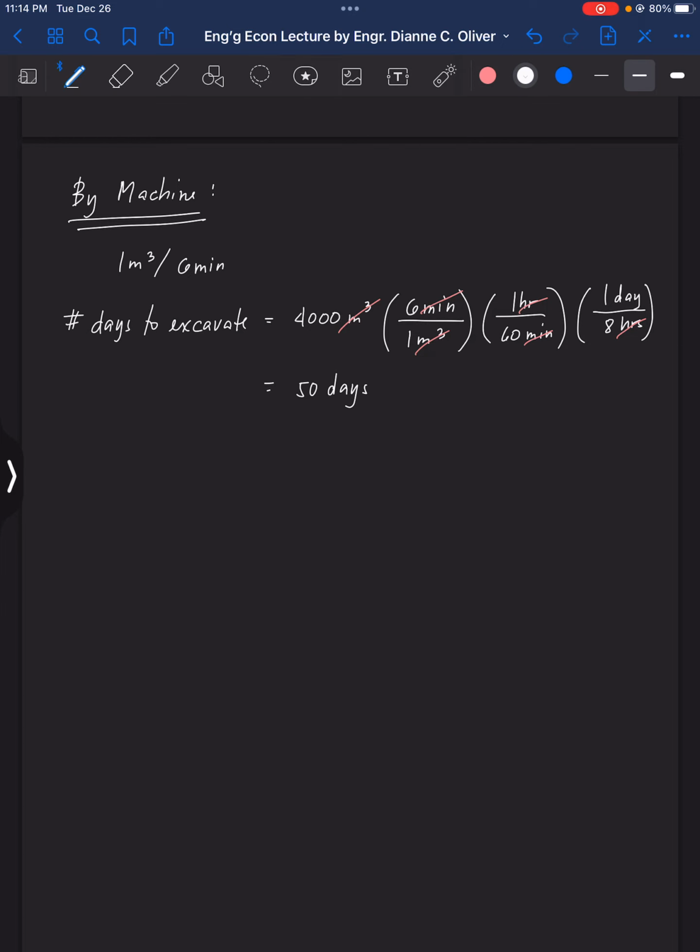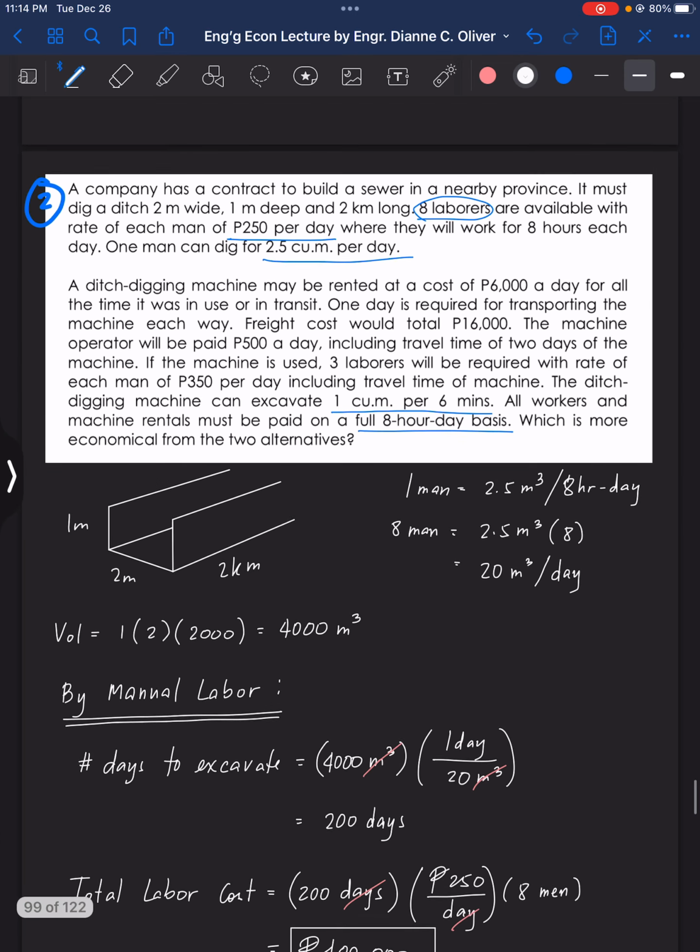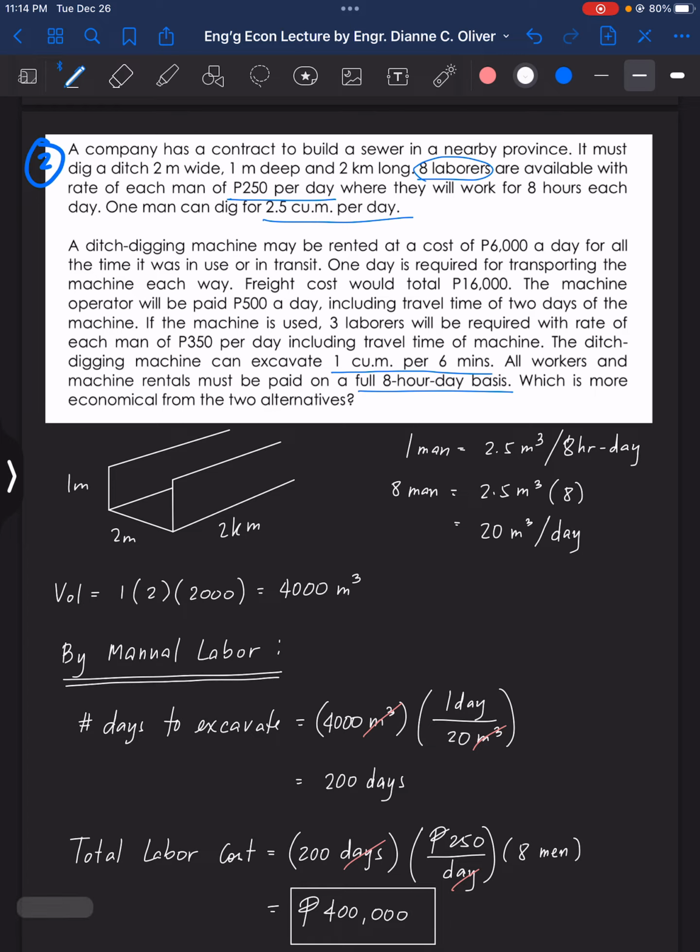Okay. So we now have the number of days to excavate. So what are the costs? So the machine is rented at a cost of 6,000 pesos a day for all the time it was in use or in transit. So meaning we will include the rental cost, the transit days in the rental cost.